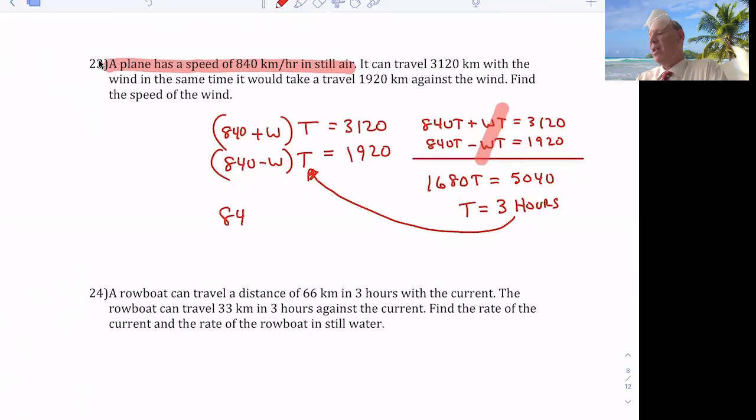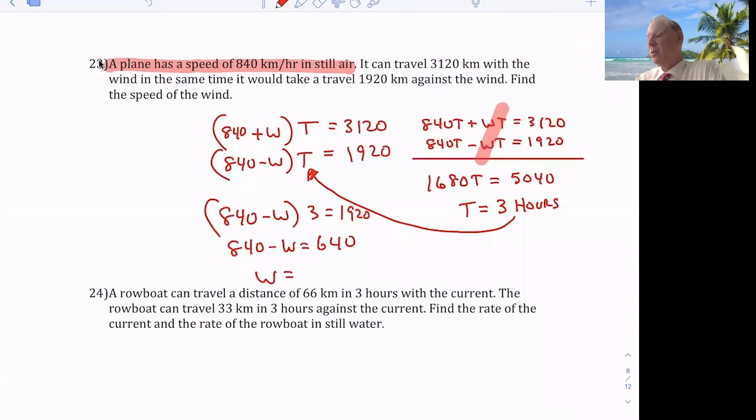So now I have 840 minus W times 3 equals 1920. Now, what do I do with that 1920 and the 3? Divide them. So 840 minus W equals 640. Now, we all should be able to look at that and say, that's just 200, right?